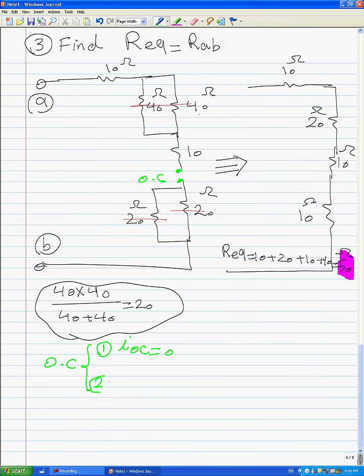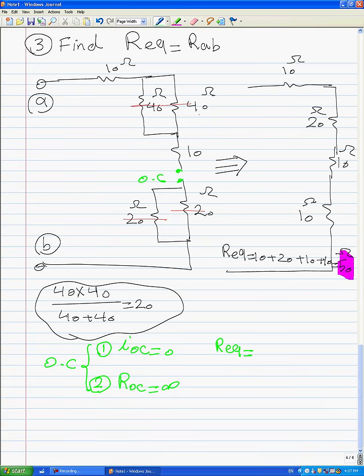Rule 2 says the equivalent resistance for any open circuit should be infinity, and again that makes sense because if we have current 0, the equivalent resistance should be infinity.